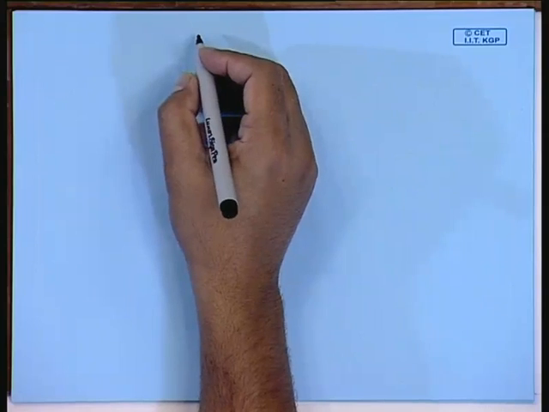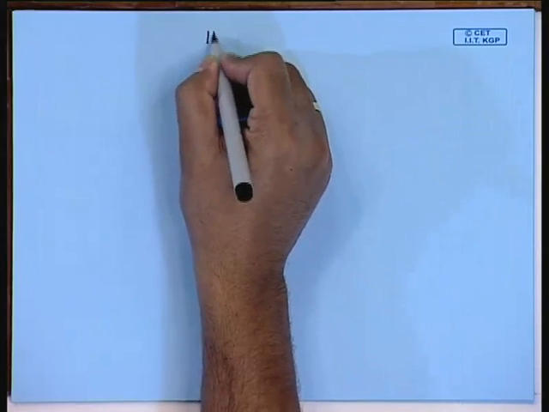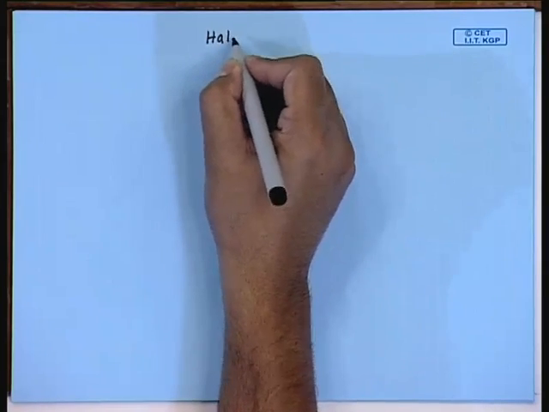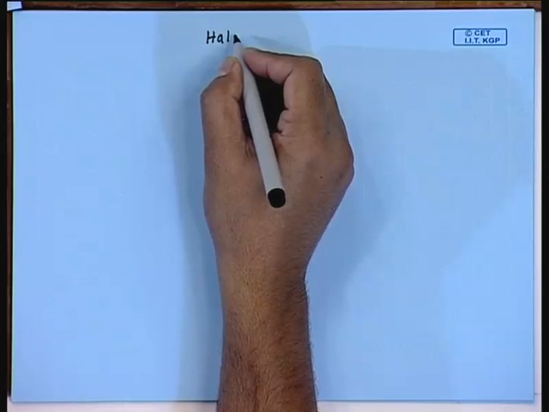Well, I want to illustrate this stepwise selection algorithm using the Hall-Simon data again. Okay, so here we have a table. We will be considering the Hall-Simon data.